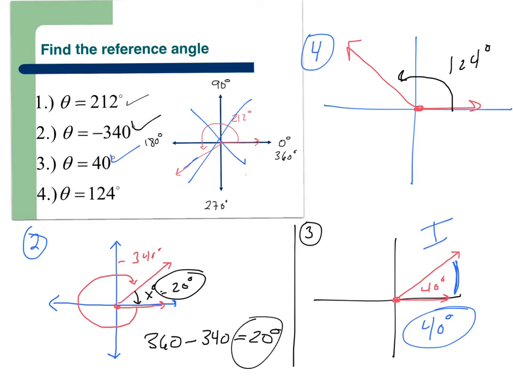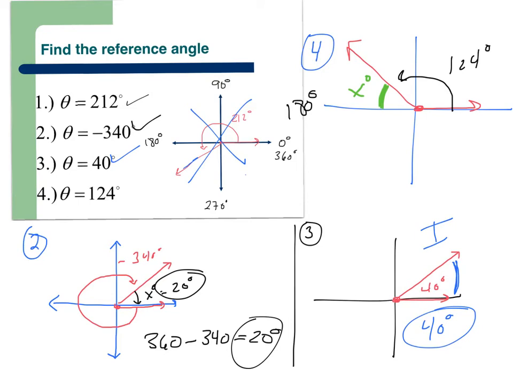So with this guy, I know that right here is 180. Hopefully we're getting to the point where we know that this guy right here is our reference angle, right? That's from the terminal ray to the nearest x-axis.